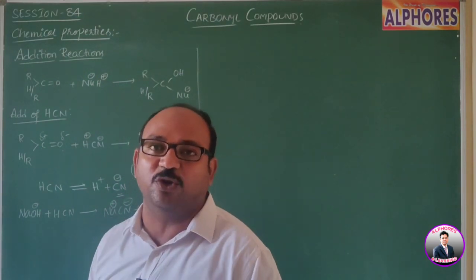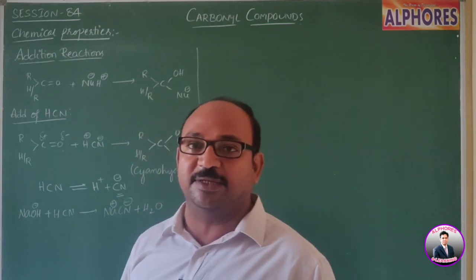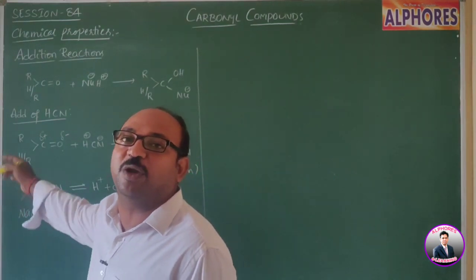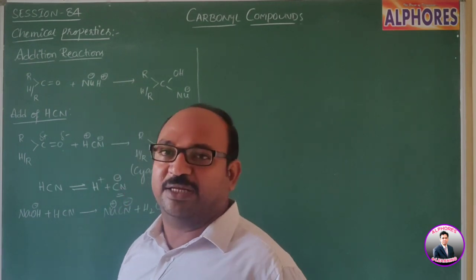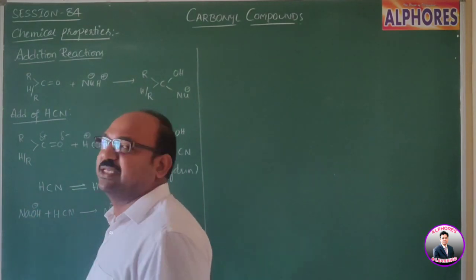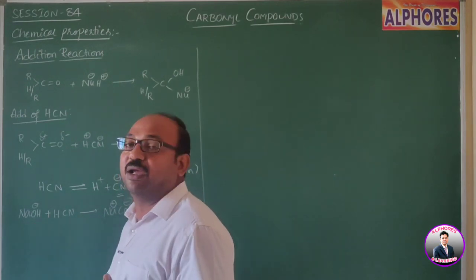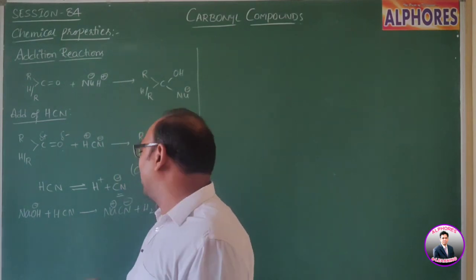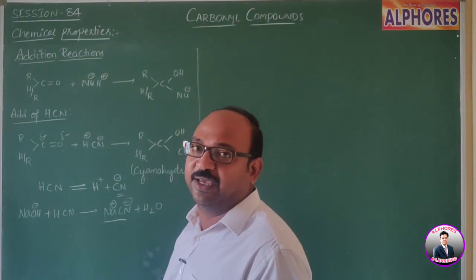Basicity is proportional to nucleophilicity. So this one also is going to take part in the reaction. Further, there is no use. So instead of using NaOH and expecting the product formed to be NaCN, it is better to use NaCN directly.